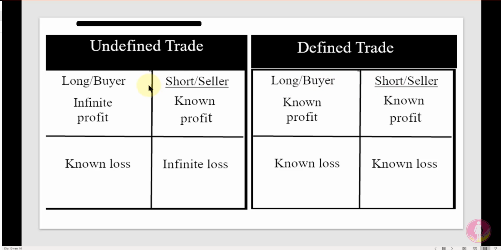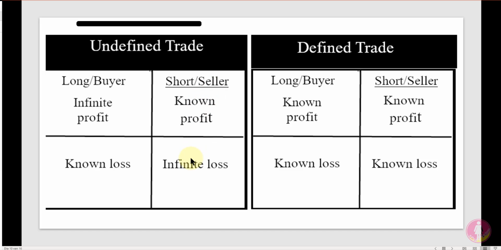An undefined trade, where I showed you that you had suddenly a margin necessary of 20,000, that is an undefined trade. Now at the long side, that means that the buyer has got an infinite profit and a known loss. And at the seller, and we are sellers, you've got a known profit but an infinite loss.